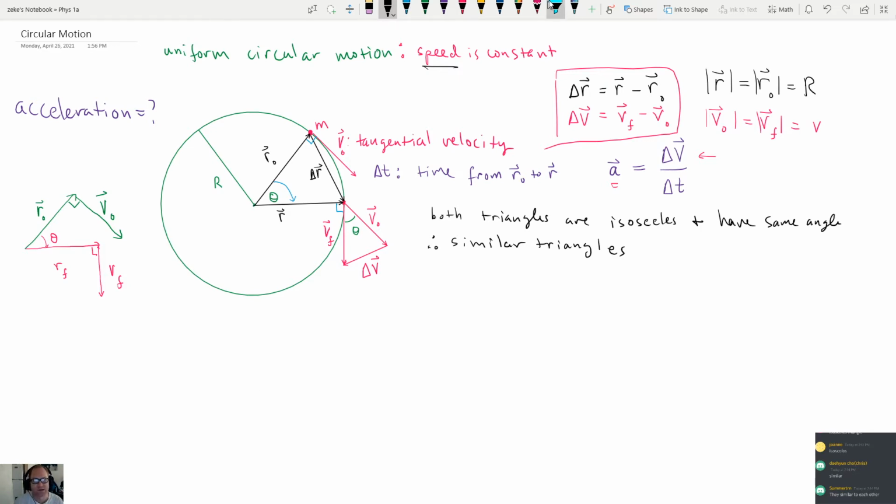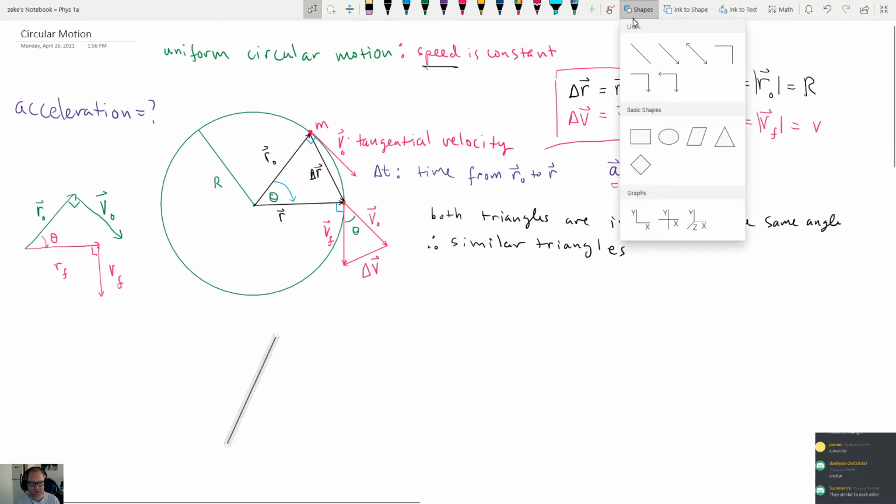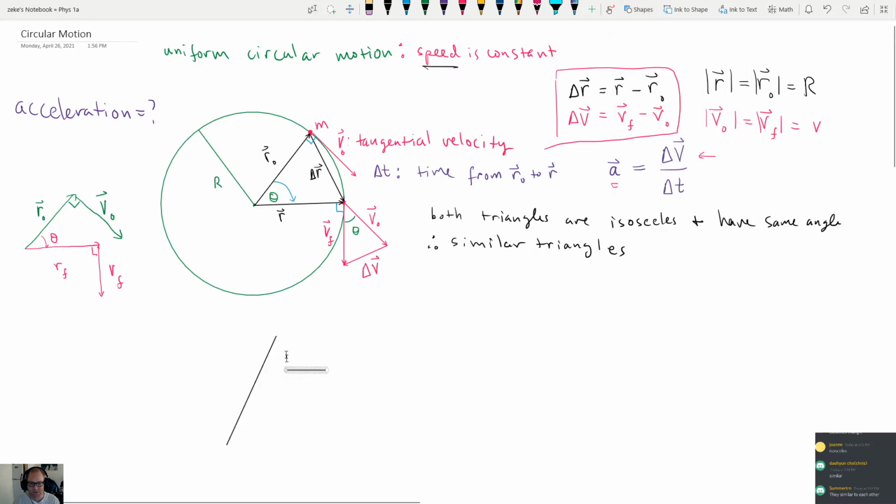A really simple example of this: we have our triangle that involves r, shaped kind of like this. That's our r triangle. Probably the easiest way to think about this is if the triangle here has an upper angle theta, and this side is r and r.